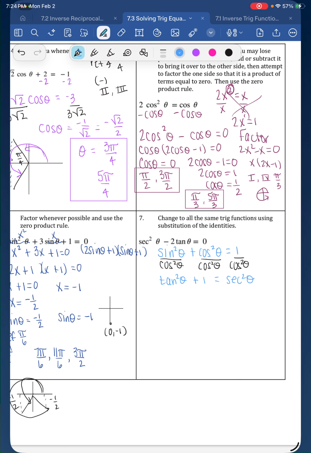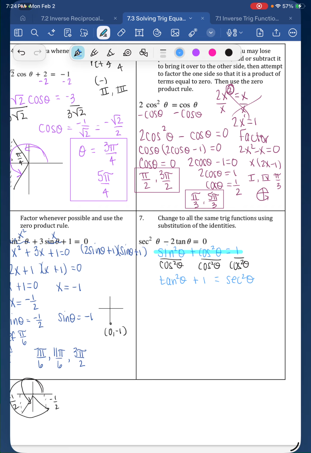Okay, so how I got that was sine over cosine is tangent, cosine over cosine is 1, and 1 over cosine squared is secant squared. All right, so you have to really go back and remember that sine squared plus cosine squared is 1. It's the primary trig identity.